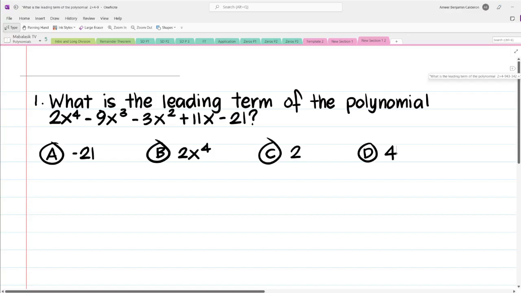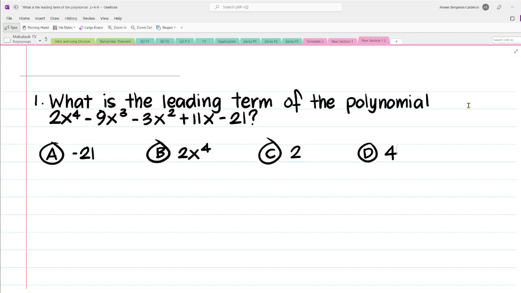What is the leading term of the polynomial 2x to the fourth minus 9x cubed minus 3x squared plus 11x minus 21? We all know that the leading term is the whole of the first term when the polynomial is in standard form.